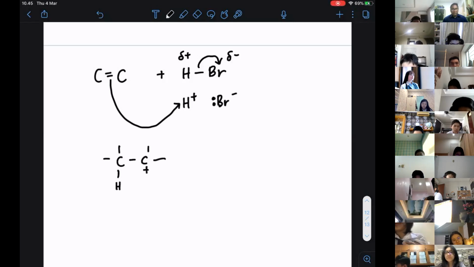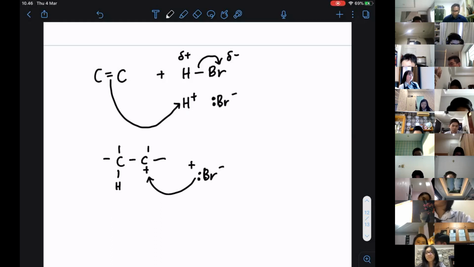Because the electron went to form the bond between carbon and hydrogen, the carbon will become positively charged. You are going to get a carbocation, and left with the Br minus, which is your nucleophile. Now what's going to happen? This is going to go there, and you are going to get this molecule.